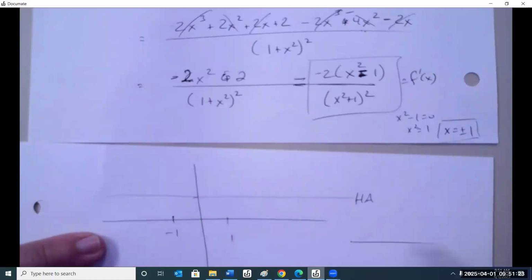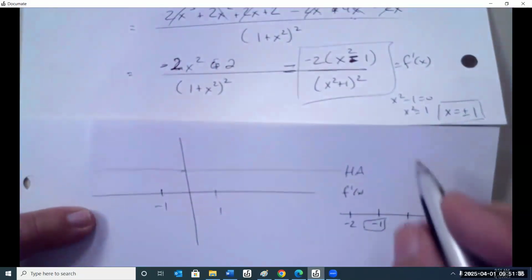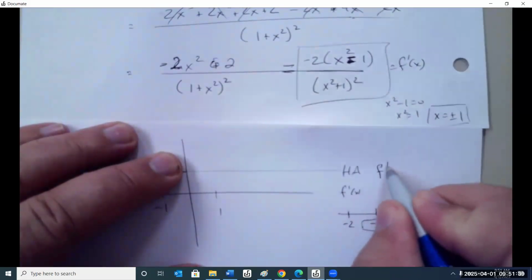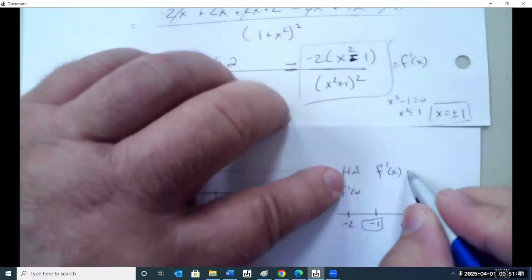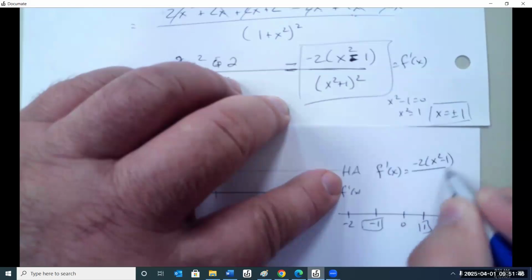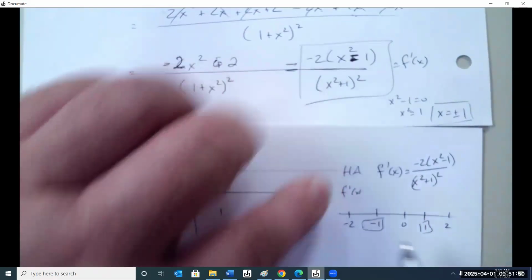So looking at my first derivative test, at -2, 0, and 2, what happens there? Is it going to be increasing, decreasing? Where our function is -2 times x squared minus 1, over x squared plus 1 squared.